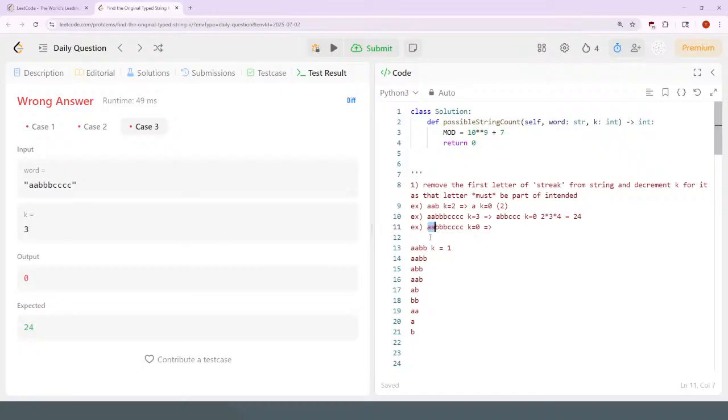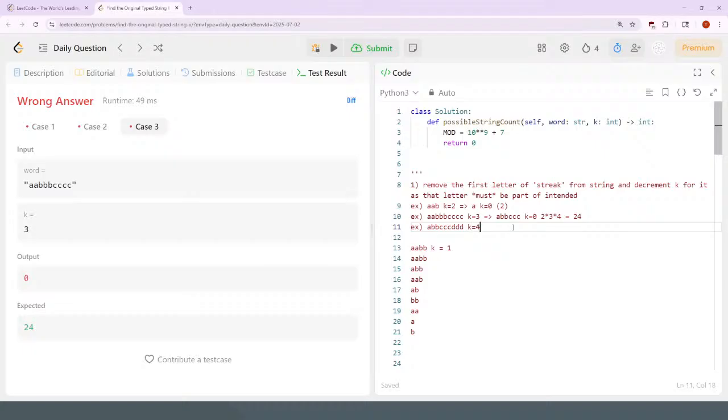Actually, in theory this is not possible. She couldn't type this and intend to type nothing, because the first A, the first B, the first C is always intended. But let's say it was something like A, B, B, C, C, C, D, D, okay, something like that.